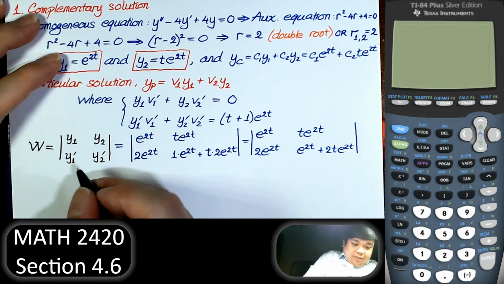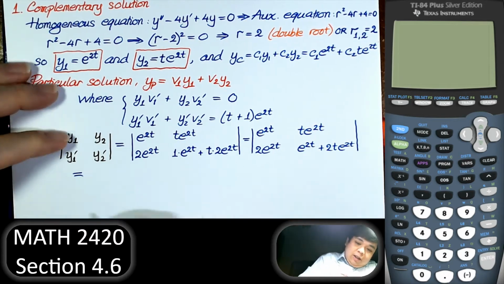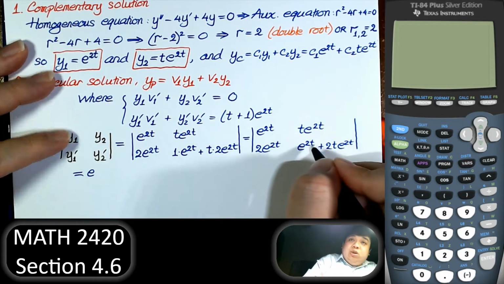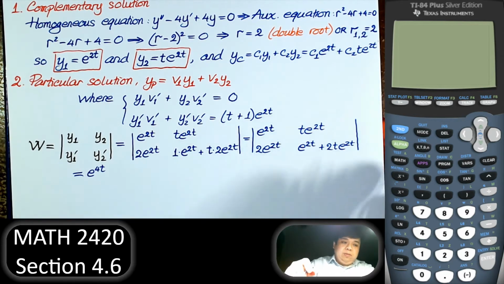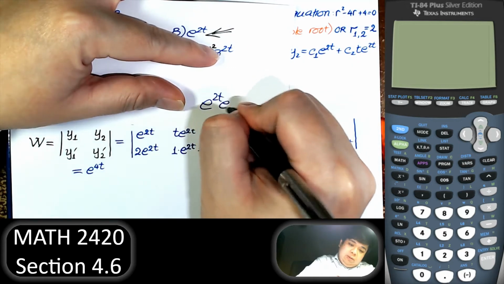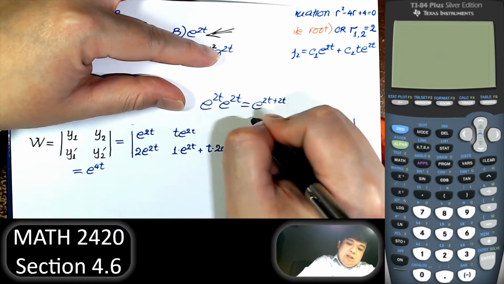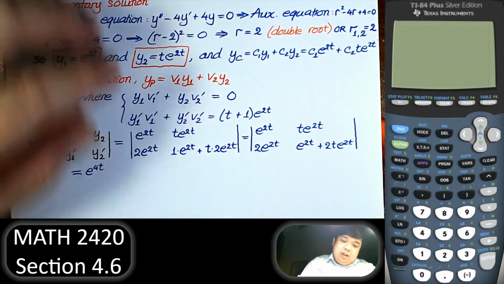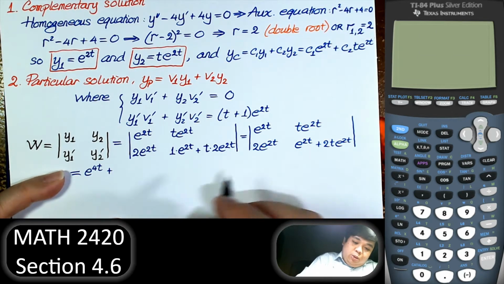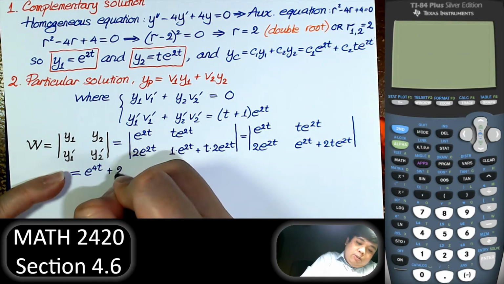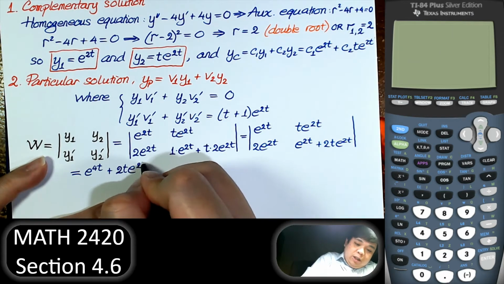So multiply: we have e to the 2t times e to the 2t, just add the exponents, 2t plus 2t, that's e to the 4t, and then plus e to the 2t times 2t e to the 2t, that's 2t e to the 4t.